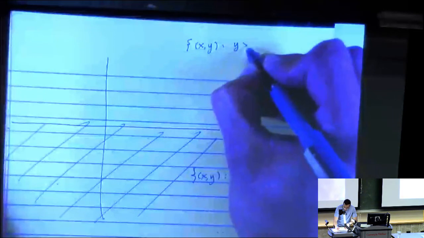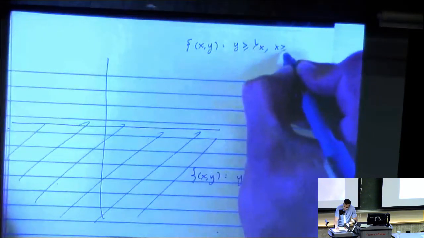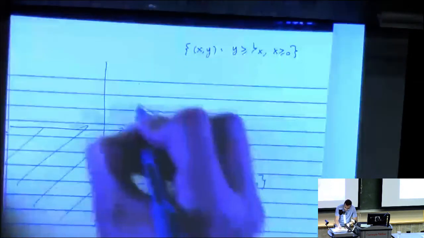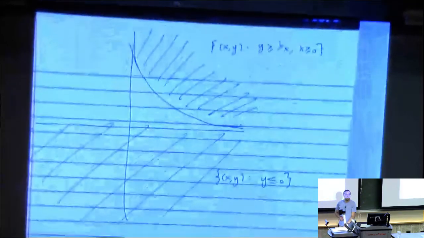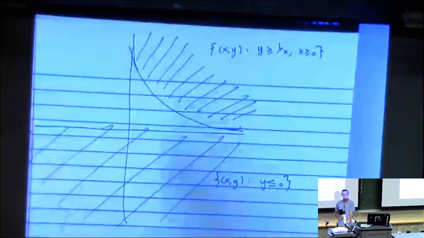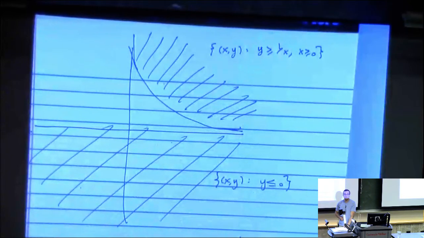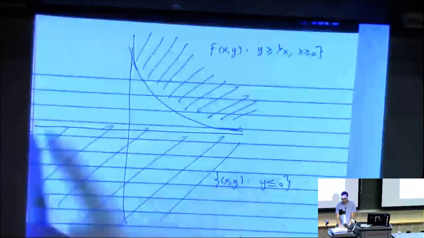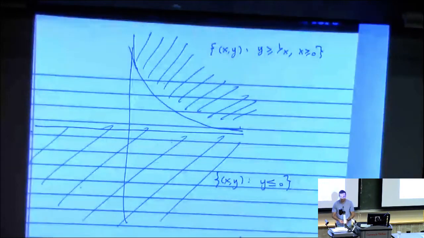So I'll write it down: the set of all x, y such that y is bigger than or equal to 1 over x, and x is bigger than 0. It'll look like this, asymptoting here. Each of these is closed and convex, but there's no hyperplane that strictly separates them. This set is going to get arbitrarily close to 0. The only candidate would be the x-axis, and again, I don't get strict separation.